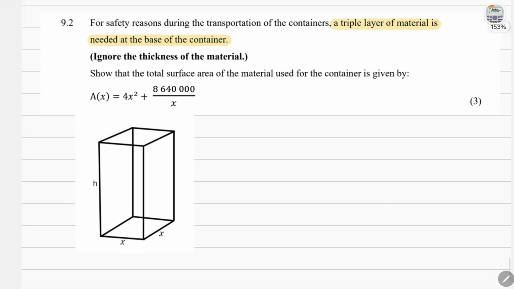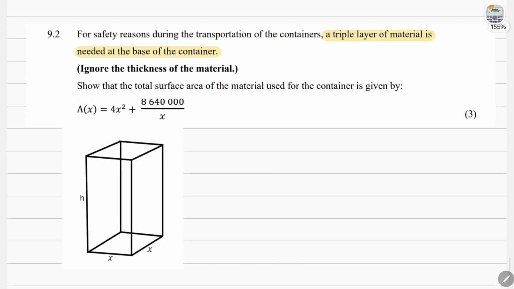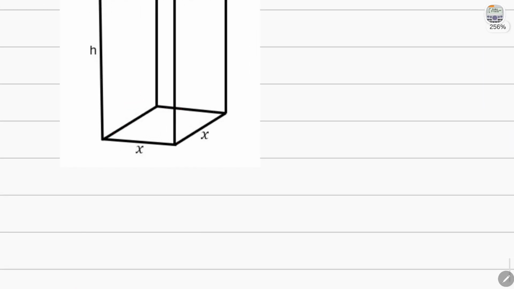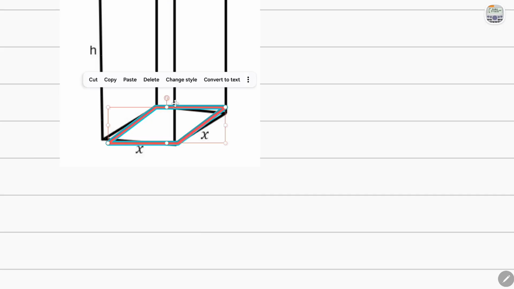Okay, so this is our container, and all they're saying is they're going to add a triple layer of material at the base. So this is what the base would have looked like. Normally, we would just need a layer of material because they're going to cover it with something. Clearly, that's what they're saying.